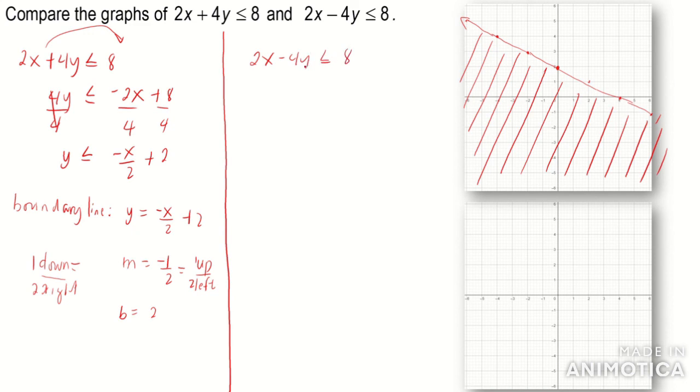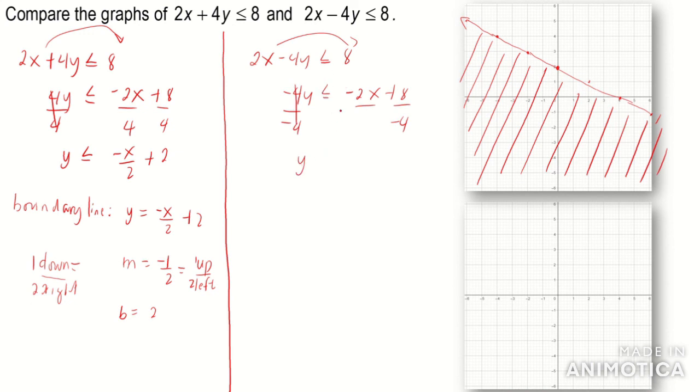We're going to write this one in slope-intercept form, just like what we did in the previous inequality. So applying the subtraction property, we have negative 2x plus 8. Now dividing all terms by negative 4, so we have now y is.